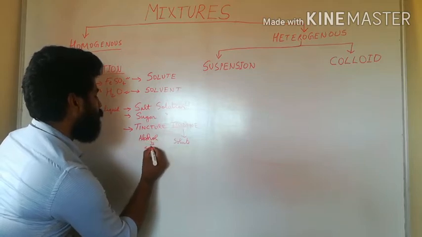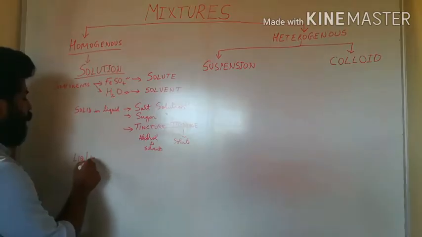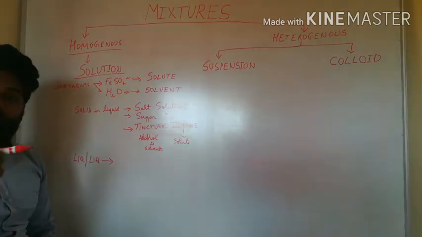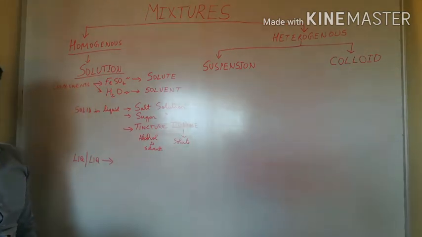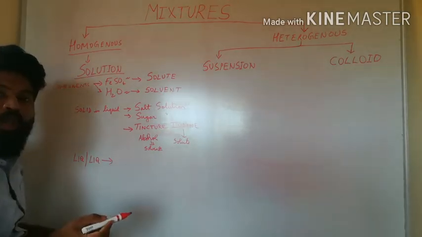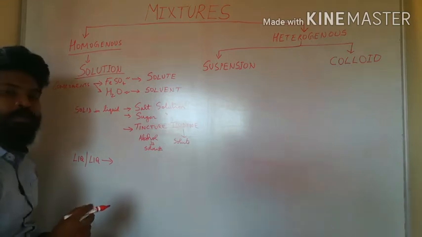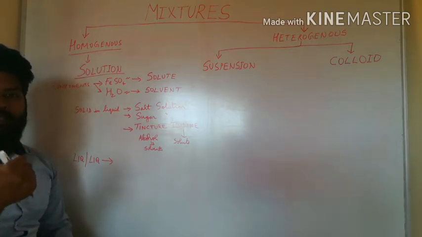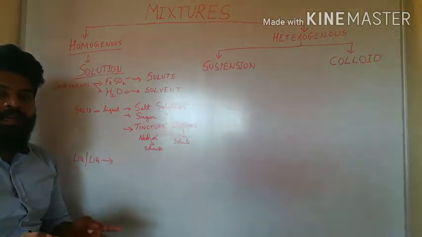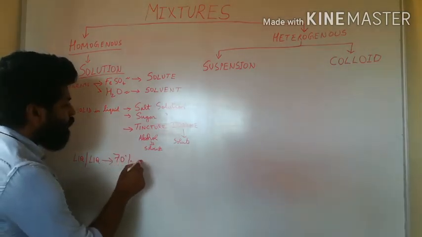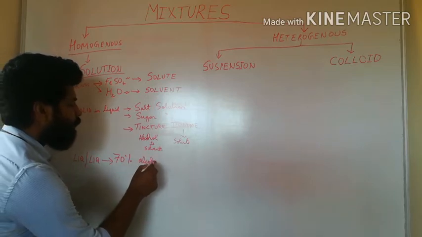Then liquid in liquid solutions, where both solute and solvent are in the liquid phase. For example, alcohol and water. Nowadays, because of corona, we are using hand sanitizer spray. If you look at the ingredients, what is it? 70% alcohol would be written in that.